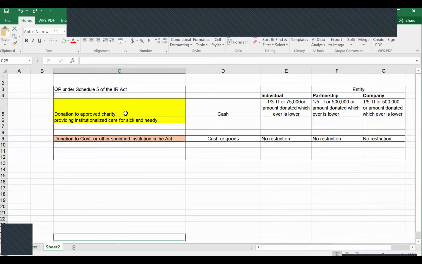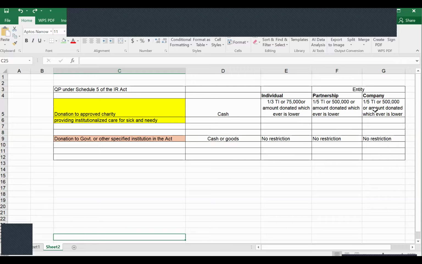This is donation to approved charity providing institutional care for sick or needy. It should be in cash to be considered as a qualifying payment. If it is a qualifying payment, these are the limitations. If it is an individual, 1/3 of the taxable income, or 75,000 amount donated, whichever is lower.